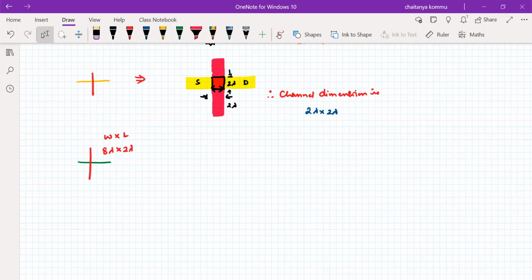Okay. So which one is the right choice? Length is 2 lambda only. Length is defined by what value? How do we define this one then? Any guess? So the length of the transistor is defined by the source to drain distance. Okay.